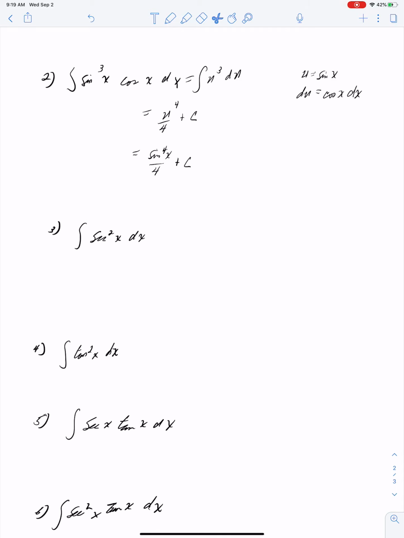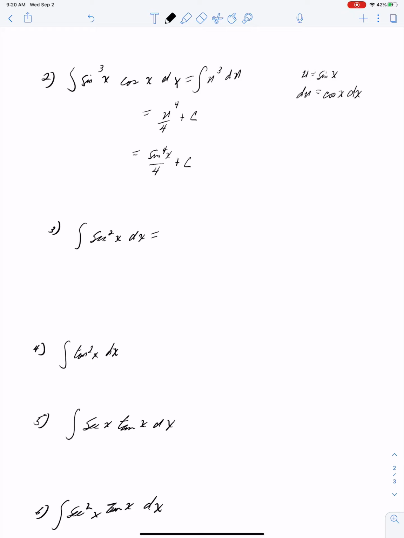Now I claim you should already be able to tell me what the answer is. What is it? Give me a function whose derivative is secant squared x. That's what this problem is asking.